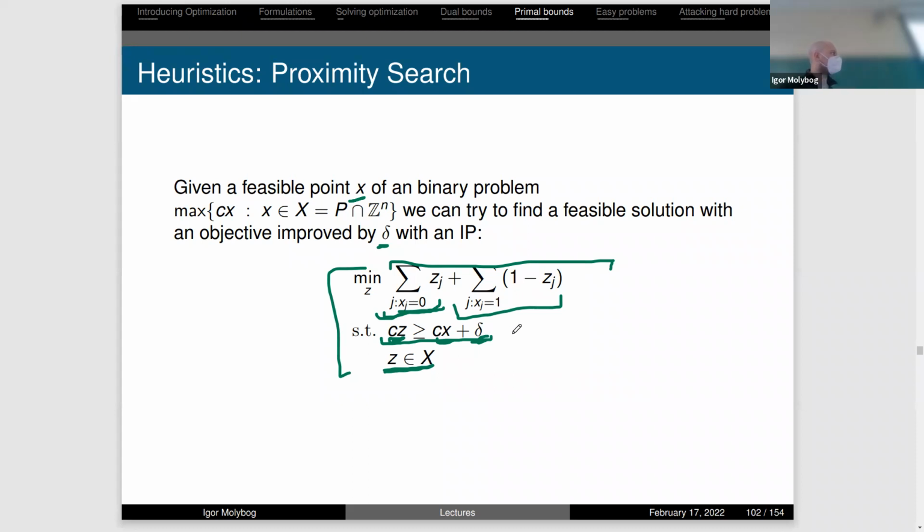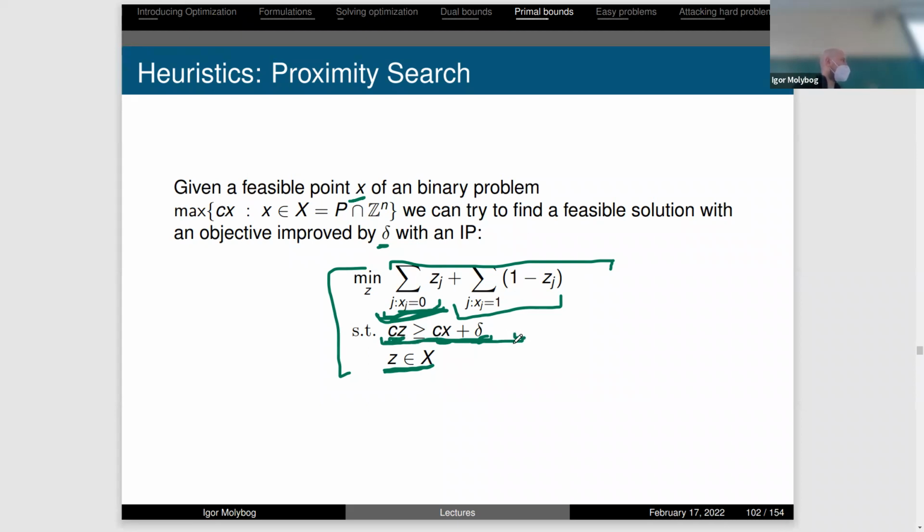So you could think about it as actually being a part of the constraint, because you're trying to get as close as possible to x, but in this particular formulation, it makes much more sense to put it into the objective, because you have no idea how close you really want to be, but you have an idea of how much better you want to be.